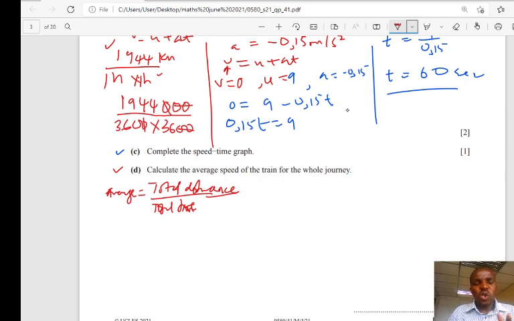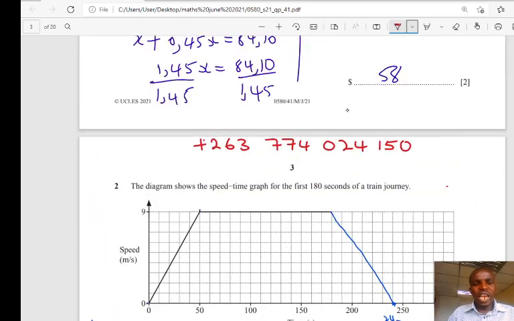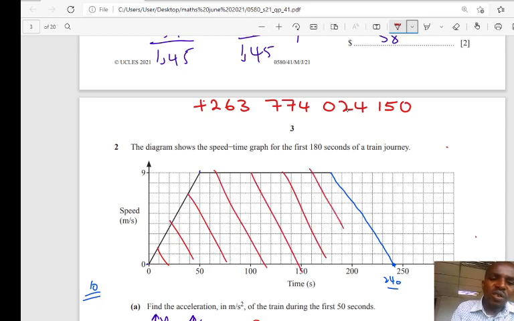Then you have to find the total distance traveled. In this case, what was our total distance traveled? Right, this one is a speed time graph or velocity time graph. On speed time graphs, distance traveled represents the area under the graph. So all this area represents the total distance traveled. How can you calculate the area under the graph?